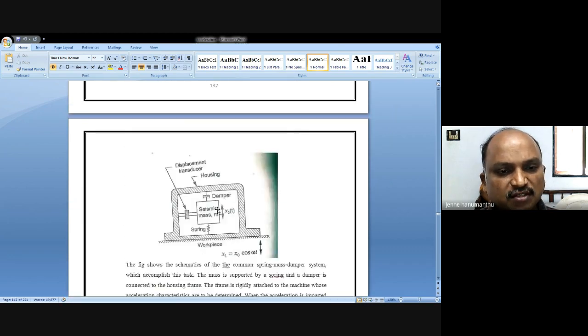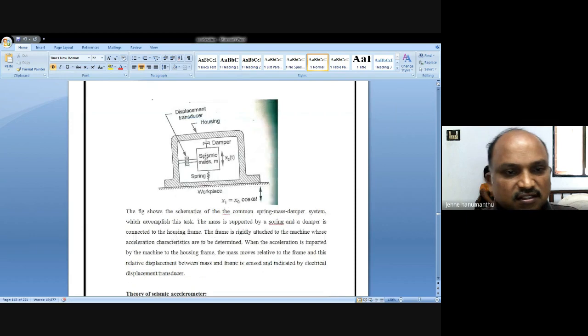Here there is no crystal. There is a damper and spring and a displacement transducer, also called a position transducer. So it's a seismic transducer.